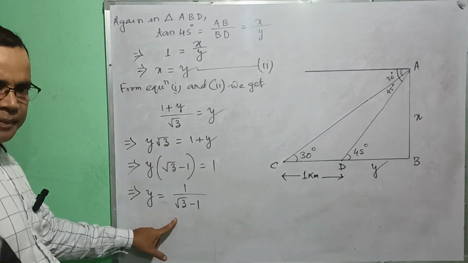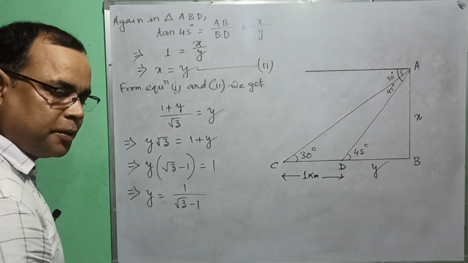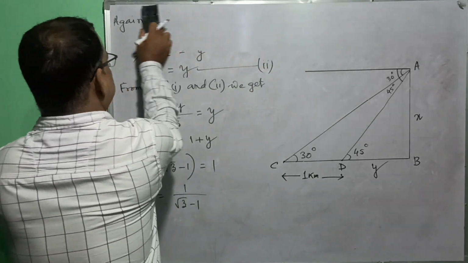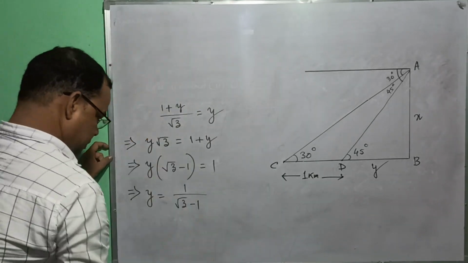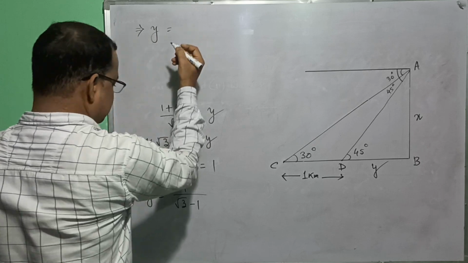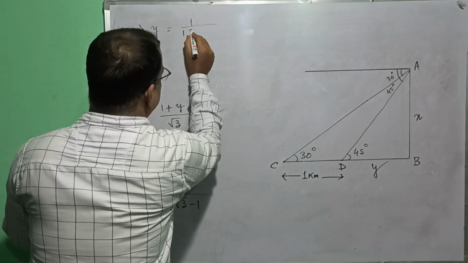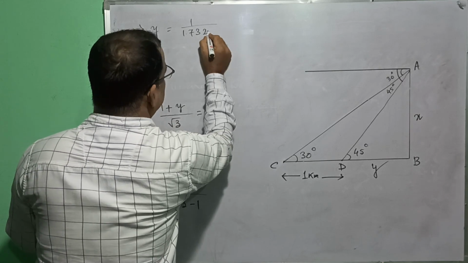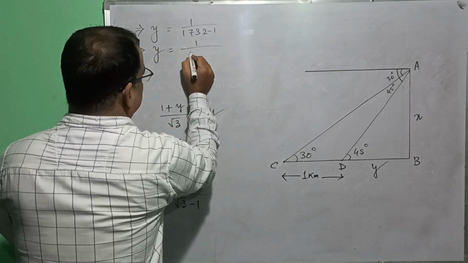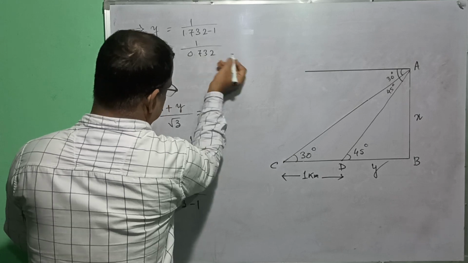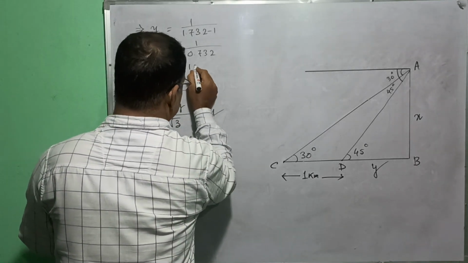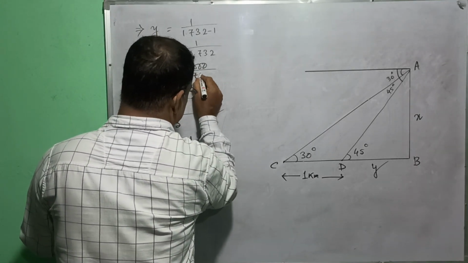If the value of root 3 is given, you can put it, otherwise you can use 1.732. So Y equal to 1 by 1.732 minus 1. This implies Y equal to 1 by 0.732. Removing the decimal, it is 1000 divided by 732.